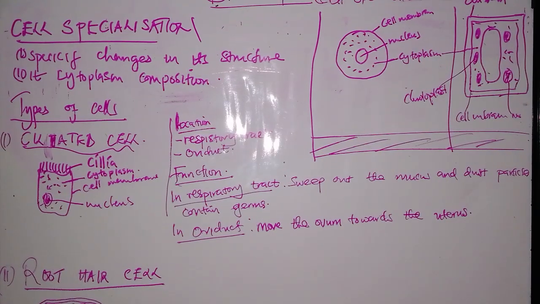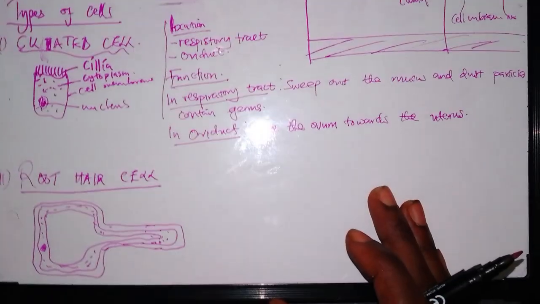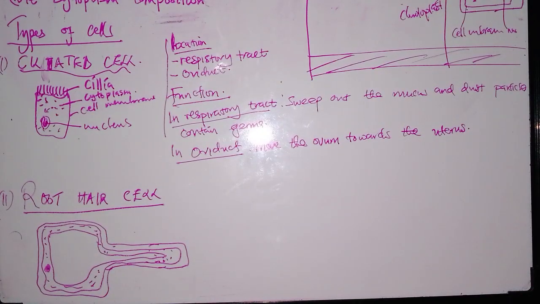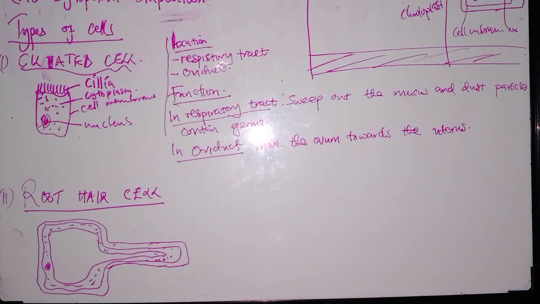So this is how a root hair cell looks. Again, let's name the structures before we look at where it is found.